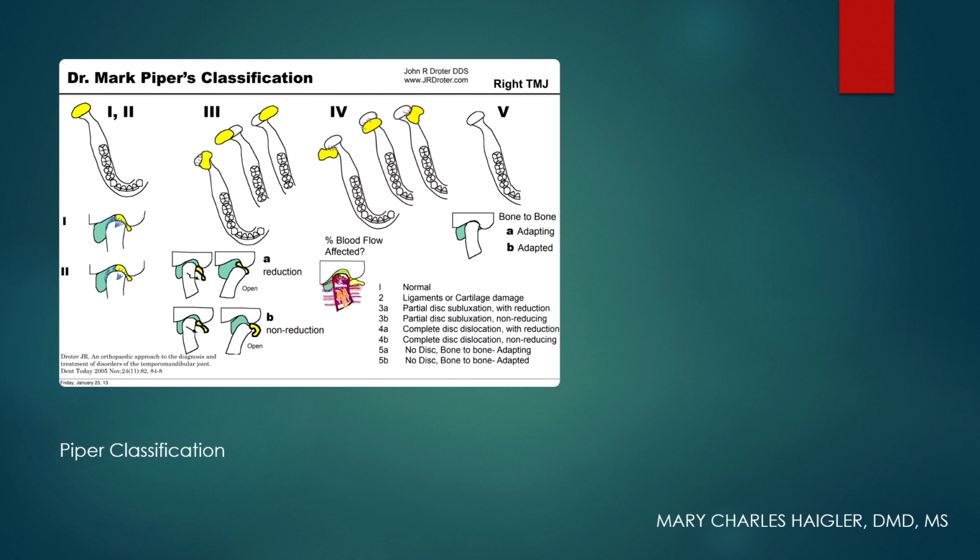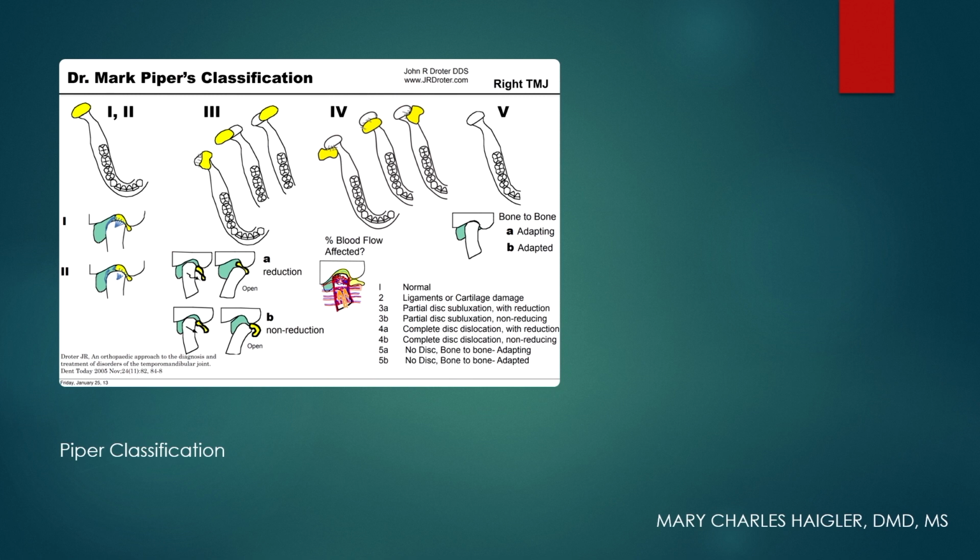In 2, you have some injury to the joint, but it's still in place, and the patient's still functioning pretty well. A 3 is that the disc is partially out of place, still partly there, still partially out of place.